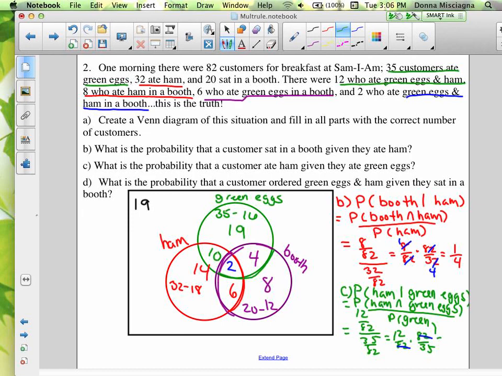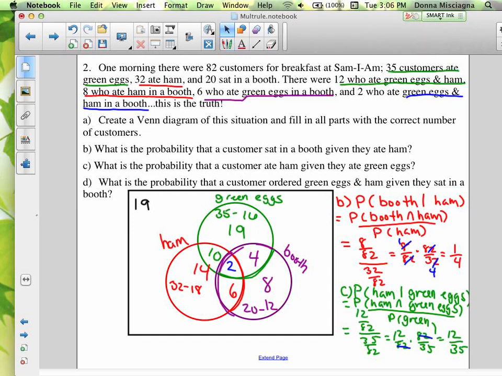So our final answer is 12 over 35. So a little better than a 1/3 chance that you ate ham given you ate the green eggs. What's green eggs without ham, I guess.